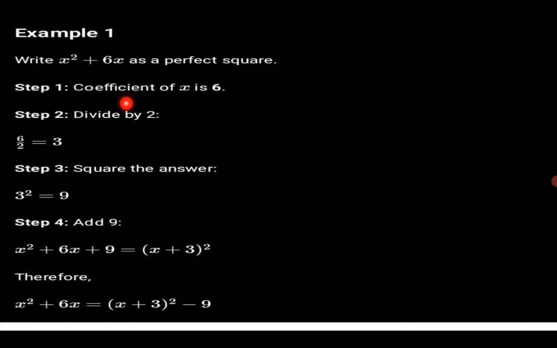Let's take an example. Write x squared plus 6x as a perfect square. So the first step is to consider the coefficient of x, in this case 6, divide 6 by 2, which is 3, and then square the answer.